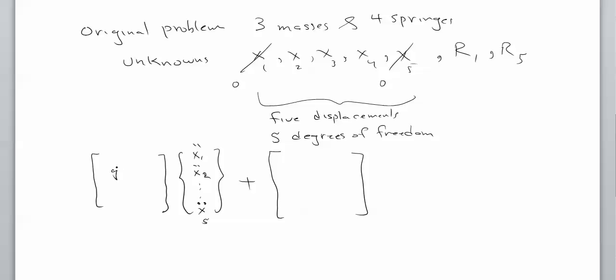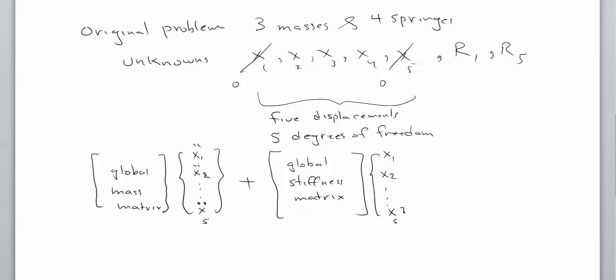This is the global mass matrix, this is the global stiffness matrix, times the displacement vector, x1, x2, all the way to x5, equal to some global load vector.